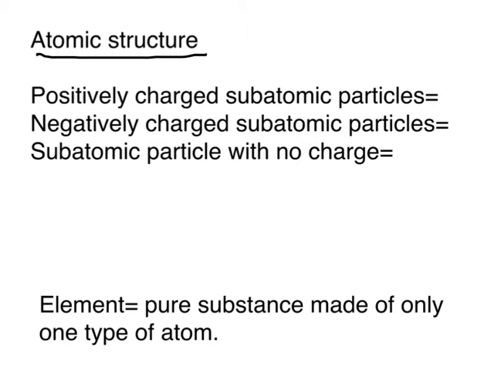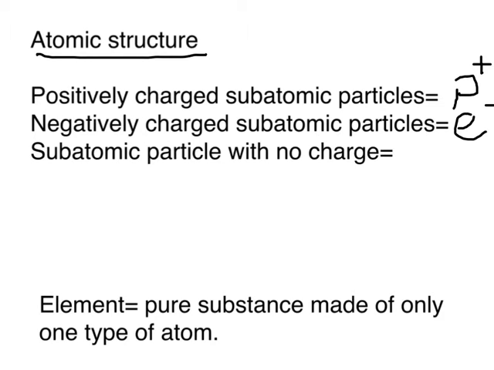Atoms are made of 3 subatomic particles. The first of these is the proton, and I always abbreviate proton P+, because protons are positively charged. The next one is the negatively charged subatomic particle, which I always abbreviate as E- for electron.